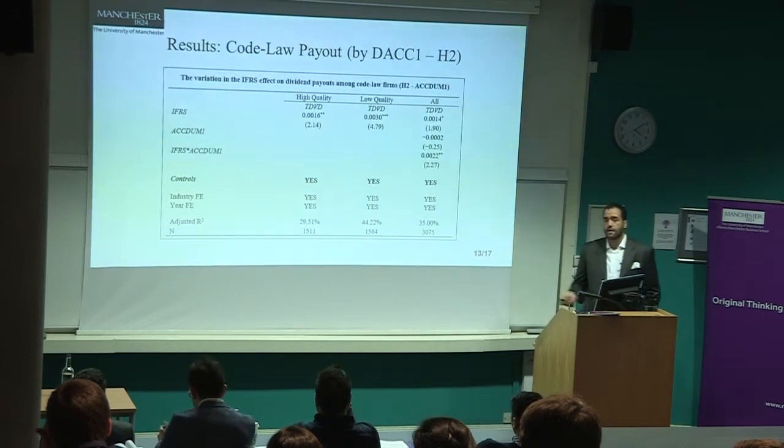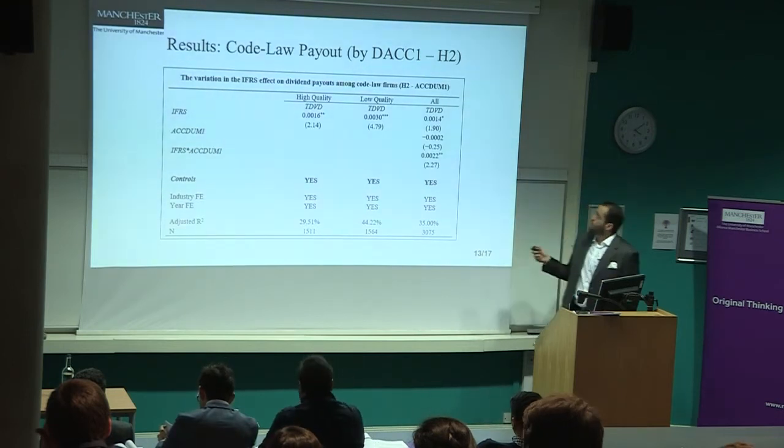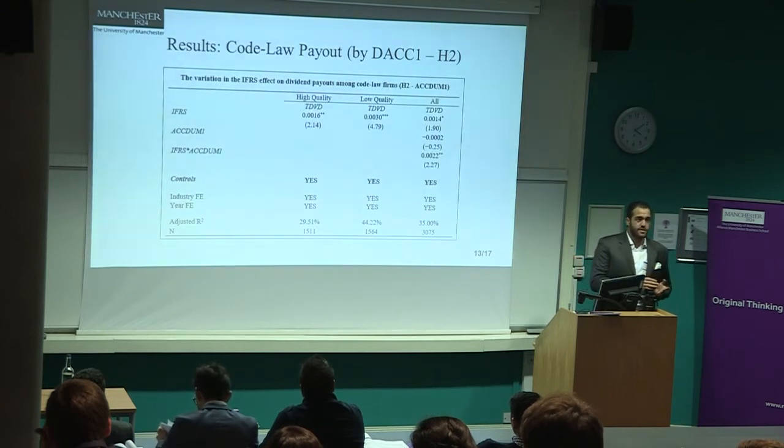Now, the second hypothesis, where we split the French or treatment sample into high and low. We use 3 criteria to split this sample. We use the Dechow et al. 1995 cross-sectional modified Jones model as a dummy variable before IFRS adoption.